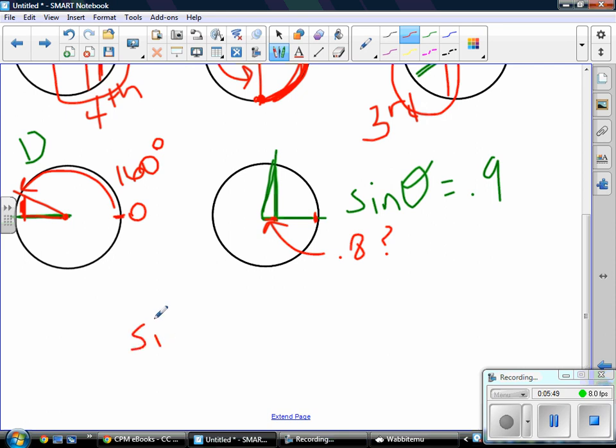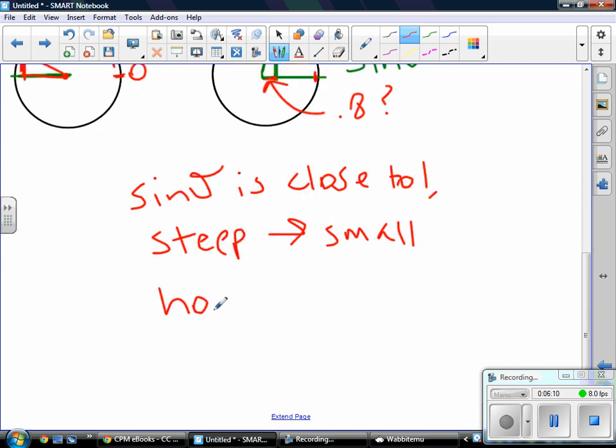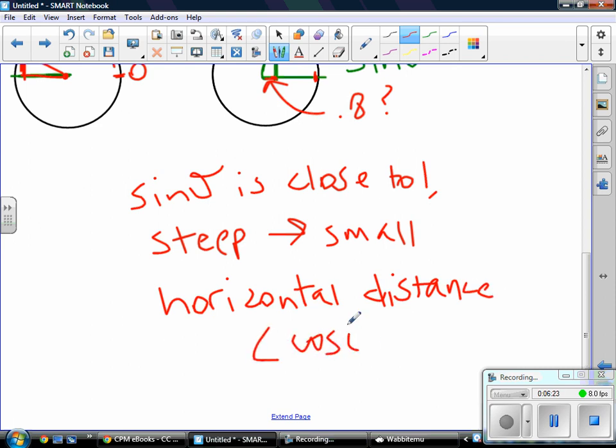So if sine of theta is close to 1, it's going to be very steep. Therefore I have a small horizontal distance, which is also cosine. So I know my cosine of theta would have to be very small.